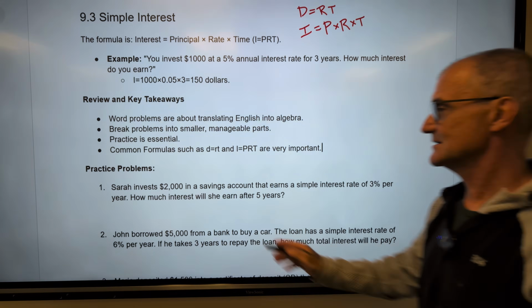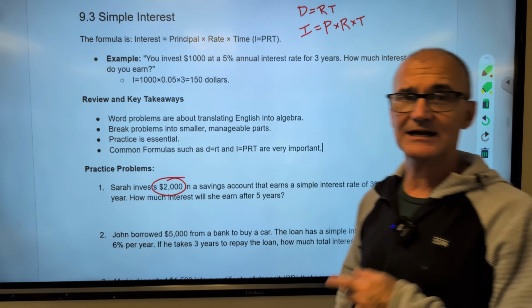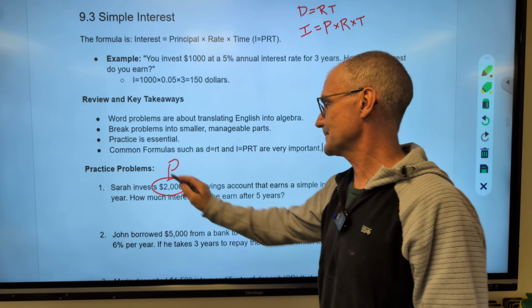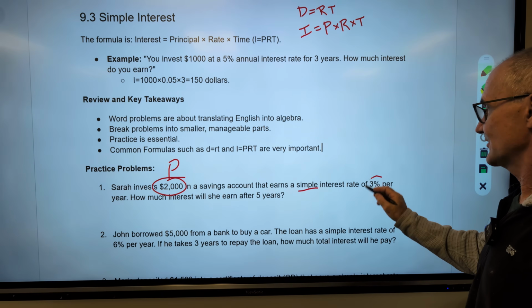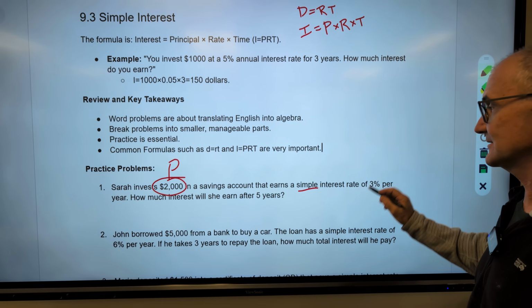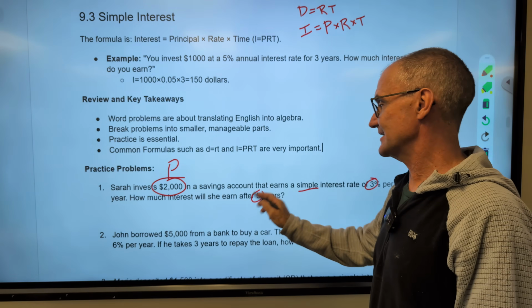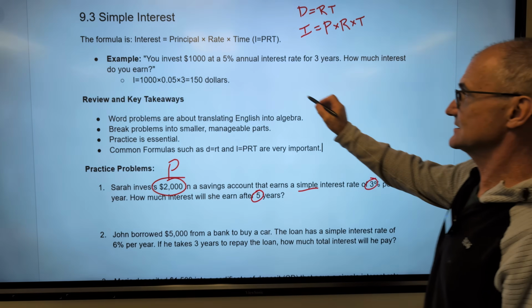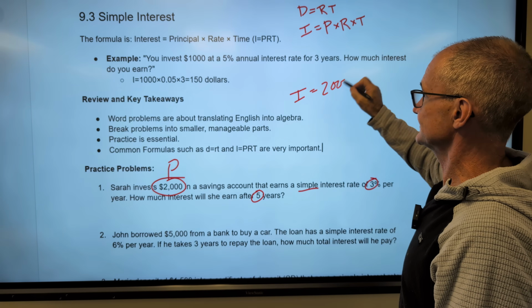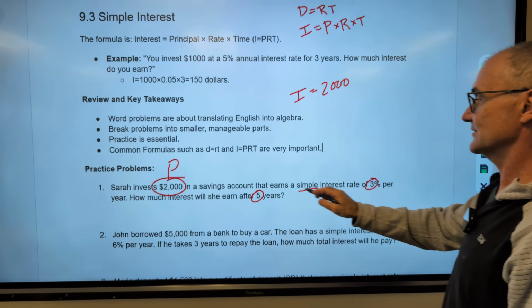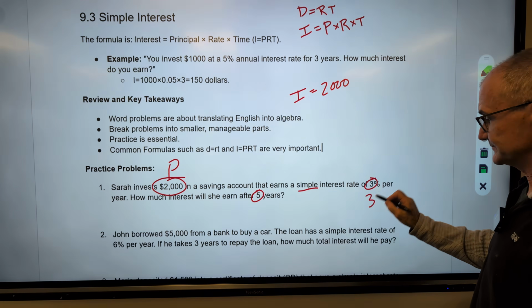So if you see that expression simple interest, that's what you're going to do here. So Sarah invests $2,000 in a bank account. That is her principal. She earns simple interest, so I'm using that equation, 3% per year times 5 years. So the interest she earns will be equal to her principal, $2,000, times her interest, 3%.